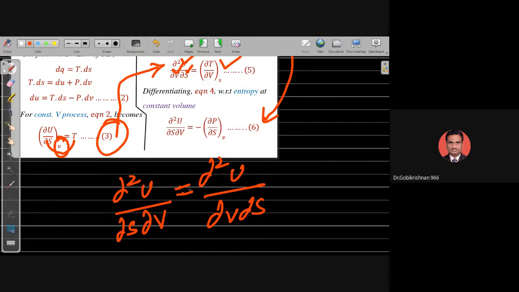It is not applicable for the case of a path function, not at all applicable. If U is a path function, then definitely the second differential ∂²U/∂S∂V will not be equal to ∂²U/∂V∂S. That's all. Now, from equations 5 and 6, I go to the next step.